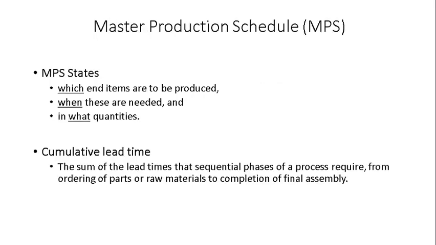In a few words, the master production schedule is what is authorized, in terms of what products, what end items we need to produce, when, and at what quantities. In order to provide this schedule, we need to consider the cumulative lead time, which is the sum of the lead times at sequential phases of the process required, from ordering of the parts or raw materials to the completion of final assembly.